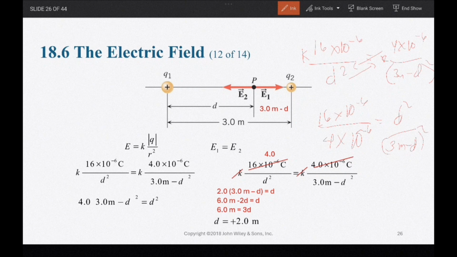Now, we just divide this and you will get 4. So, 4 is equal to d squared over (3 minus d) squared.